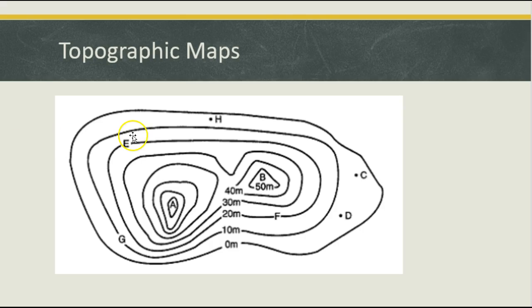On the screen, you can see this looks like a bunch of circles. Okay, and I get that, it does. It looks like circles. But these circles all represent something. They all represent equal elevations. Okay, equal elevations.